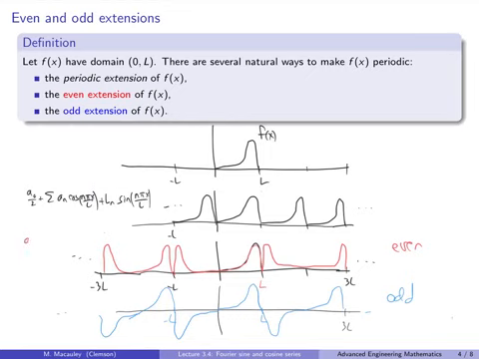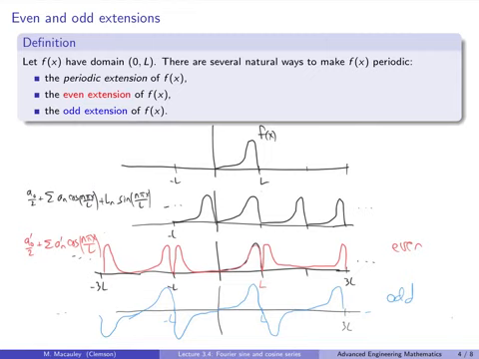So the Fourier series of this is just going to be a naught over 2 plus the infinite sum of a_n cosine of n pi x over L, and just that. Now, I should say these a_n's are not necessarily going to be the same. So let me put primes here, a naught prime and a_n prime.